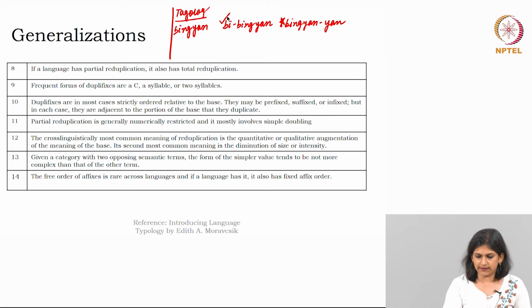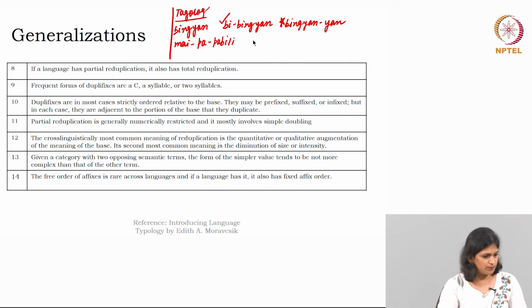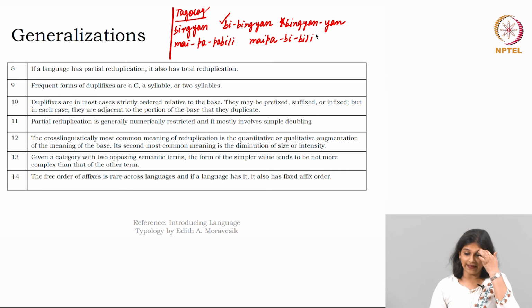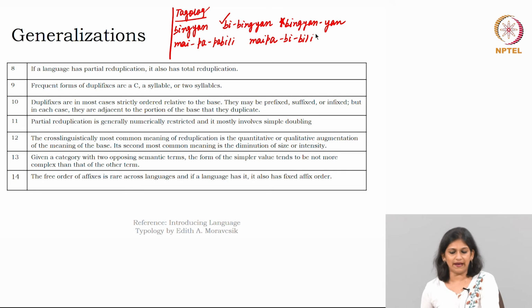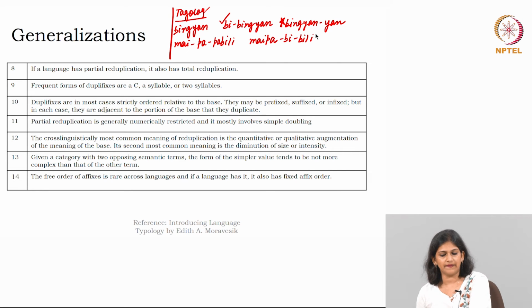Also, we can give you another example from the same language. Let us say this is the word pabili, and when it is duplified in that sense, this will be mapapabili. So, pabili becomes mapapabili, my pa pa bili, or my pa bi bili.